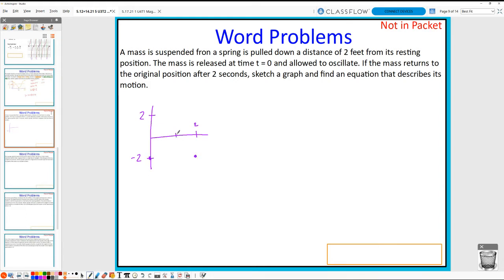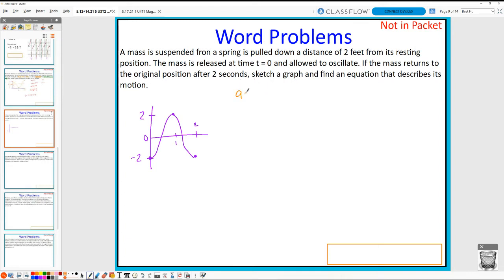So if you want to draw a more complete graph here, that means that at time equals 1, it will go to the max. Again, not a great graph, but that's okay, because I have the information necessary to sketch, to write an equation based on my sketch. That's right.